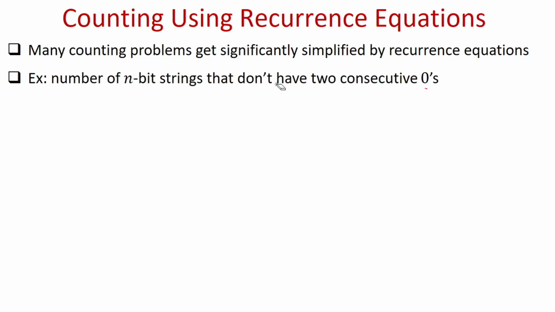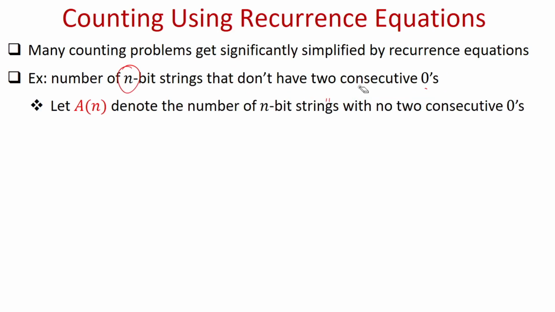Imagine I want to find the number of n-bit strings that do not have an occurrence of two consecutive zeros. That means the substring 00 is not allowed to appear in such a string, and we want to find how many such strings there can be. And we want the general answer, namely the number of such strings for any n.